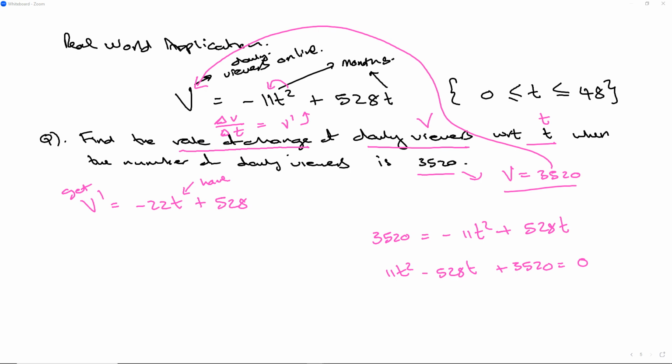It'll be very quickly done. I just put the coefficients in there. In this case, it will be 11, negative 528, and 3520. The other option I could use is the quadratic formula, and it would also work.